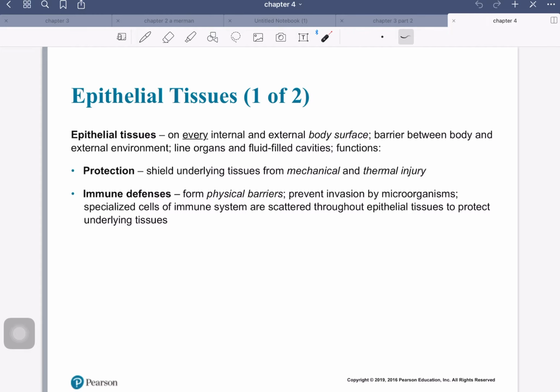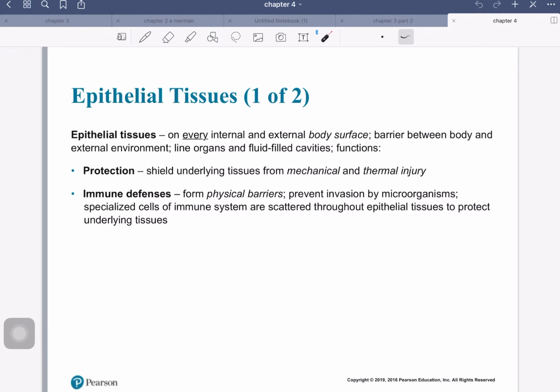The other thing too is it really is a barrier, and although it's not the same part of the immune system as the T cells and B cells and all those other white blood cells that we'll talk about in the immune chapter, this is the first line of defense for your body against microorganisms and viruses and fungi and all those other potentially infectious agents.